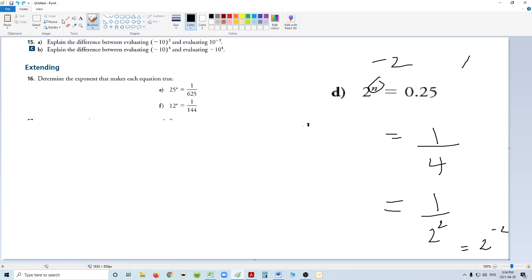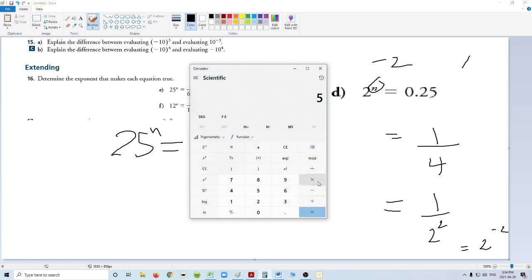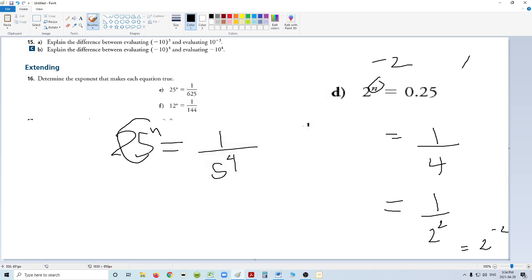Same with this. 25 to the n is equal to 1 over 625, which is the same as 1 over 5 to the 4, I think. 1, 2, 3. Yep. And 25 is the same as 5 squared, to the power of n.